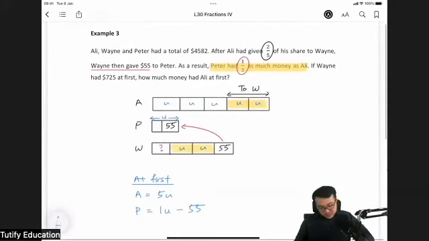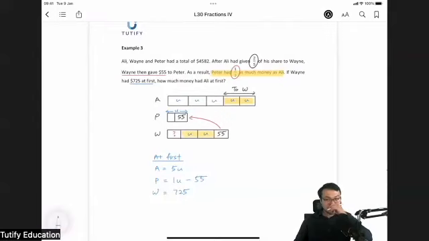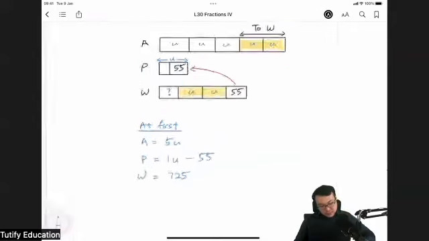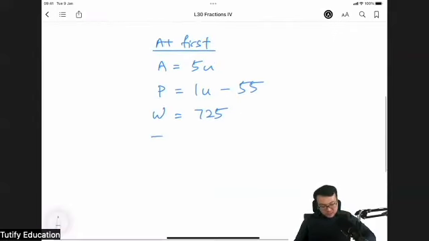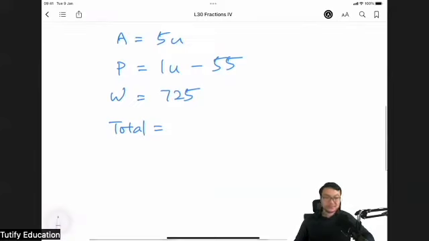Then the question told us that Wayne had $725 at first. So now can I ask you, what is the total amount of money that all of them have? How many units do you see here, Alex? 6 units. Then you see this minus this.